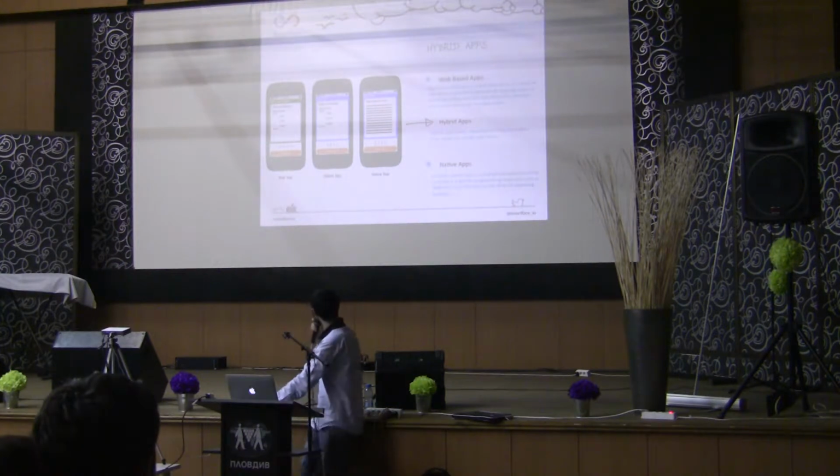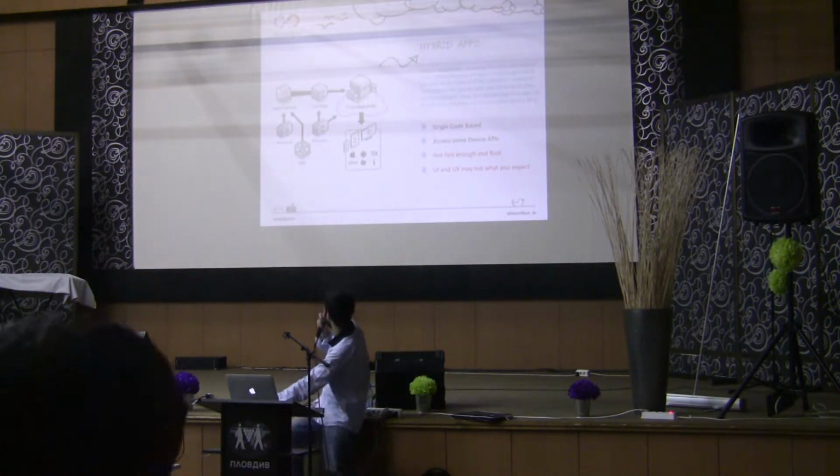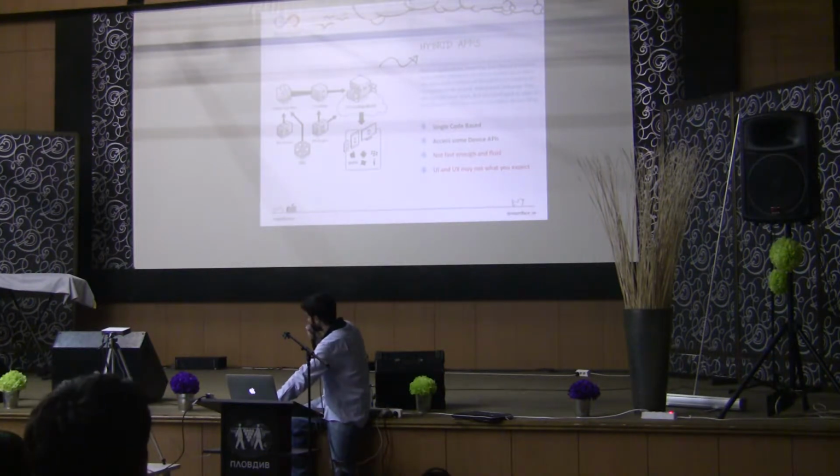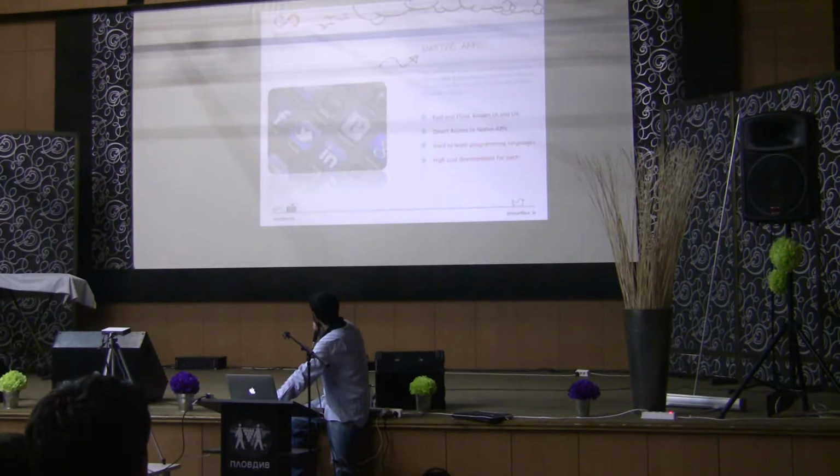But in hybrid apps, which is basically PhoneGap, again good advantages: single code base, and accessing some device APIs, but no matter what, they are not fast or fluid enough for end user expectations, and the UI and UX may not be good. And native apps, we already know, you write for what your operating system supports.